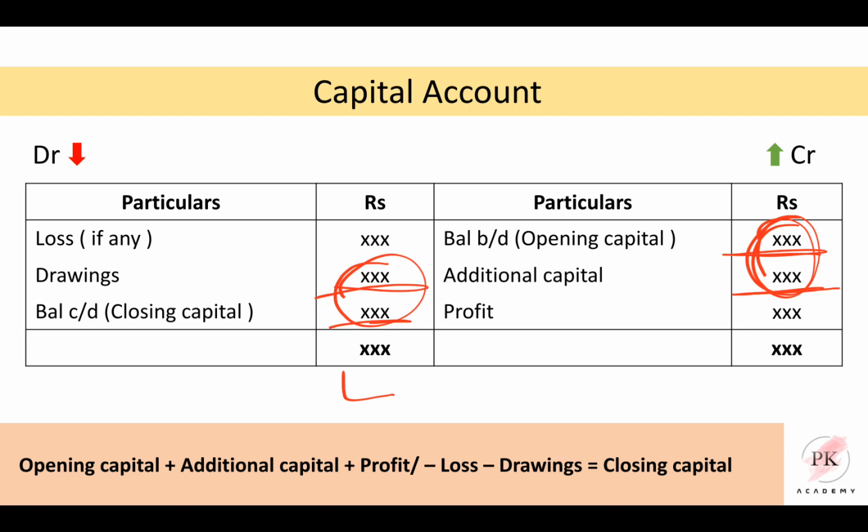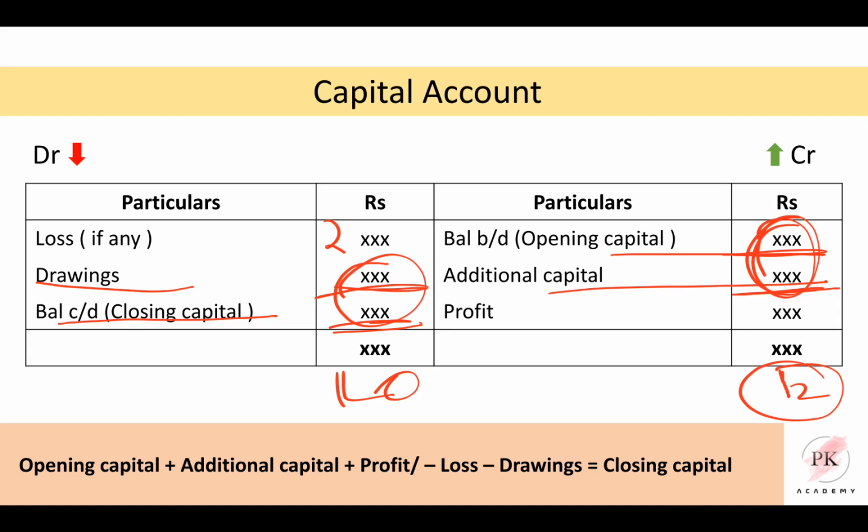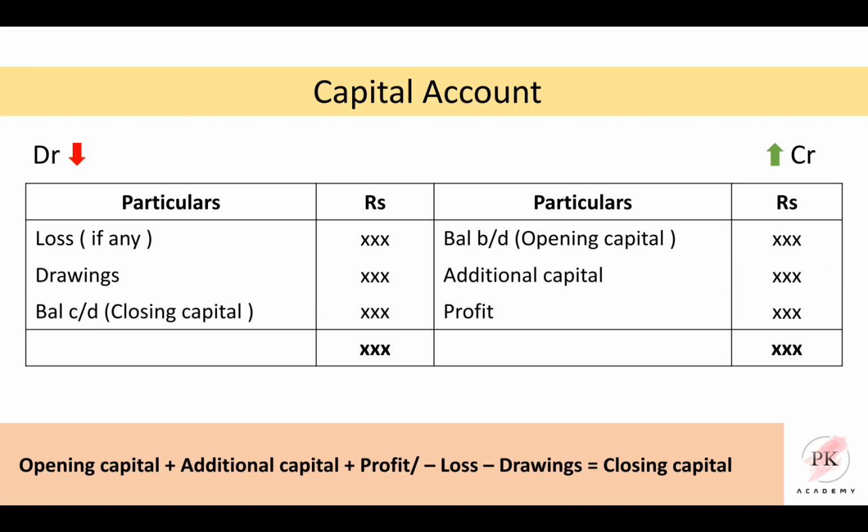For example, it is 12 and you are getting only 10, which means opening capital plus additional capital is 12 and less drawings and less closing capital 10, which gives you 2 as loss. Or on the other hand, closing capital plus drawings minus opening capital and minus additional capital gives you profit, right? This is the basic understanding of the capital account.